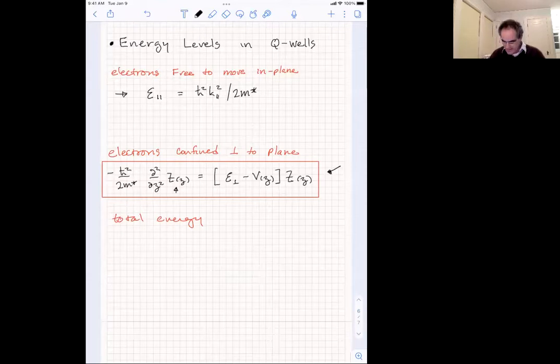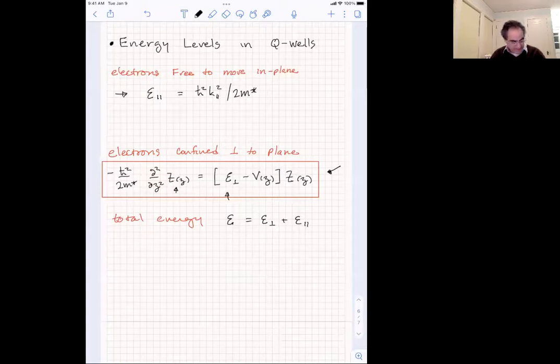Okay? And this specifies the part of the energy associated with this confining potential. We called it E perpendicular. And of course, the total energy will be the sum of these. Okay?